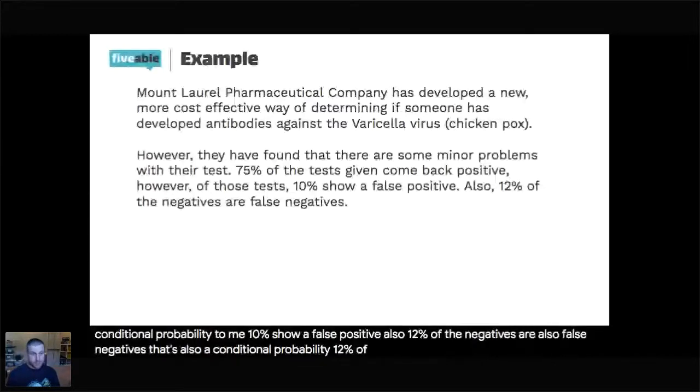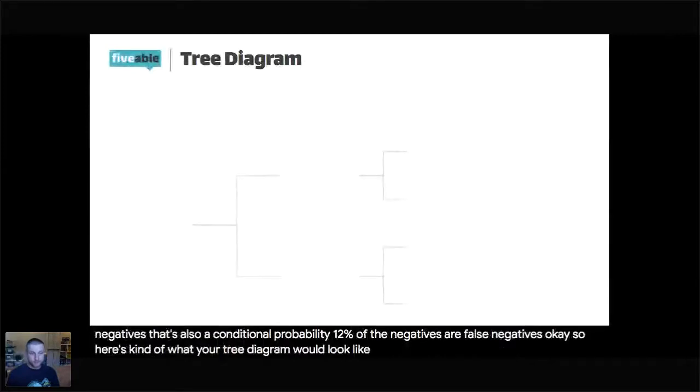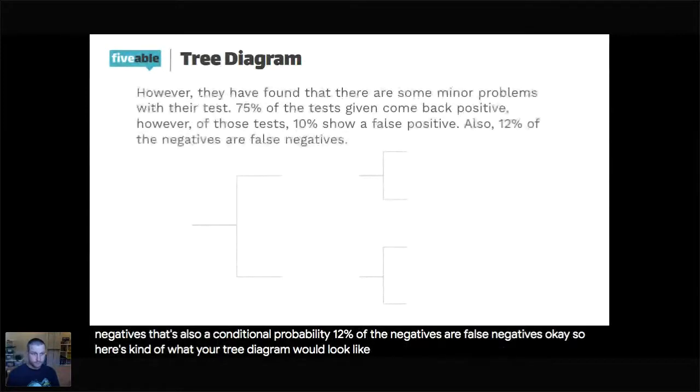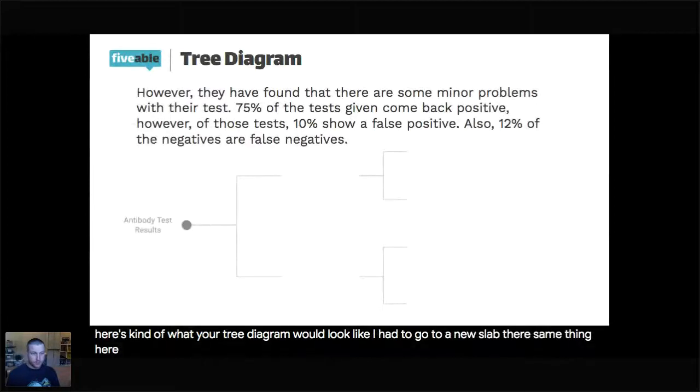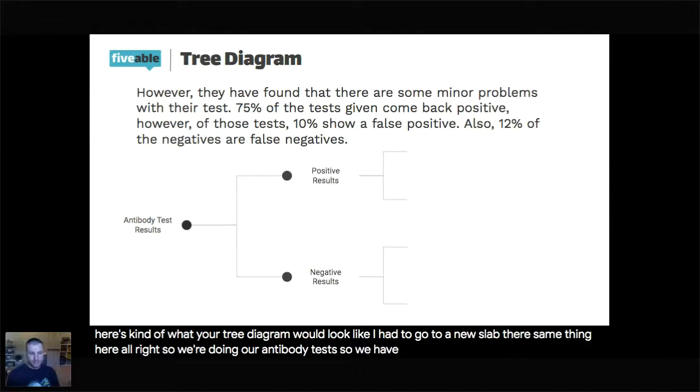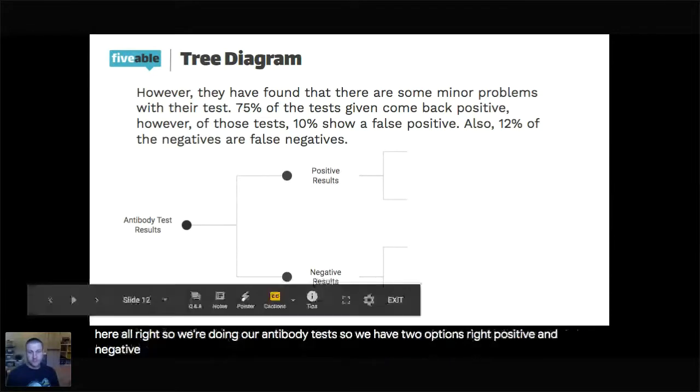Okay, so here's kind of what your tree diagram would look like. I had to go to a new slide there. All right, so we're doing our antibody test. So we have 2 options, right? Positive and negative. What percentage of the tests are going to come back positive? 75%.